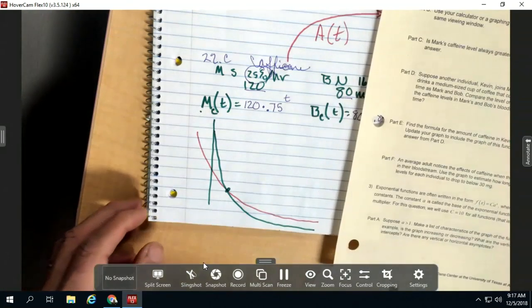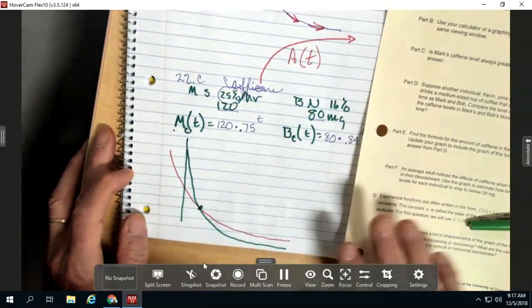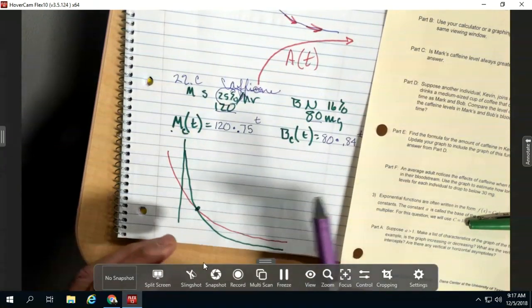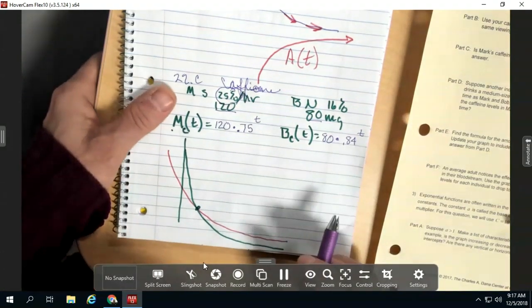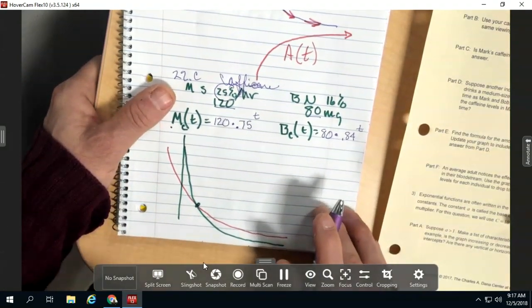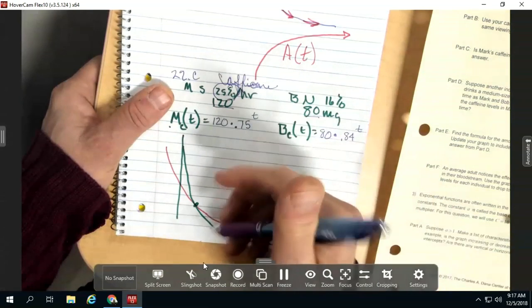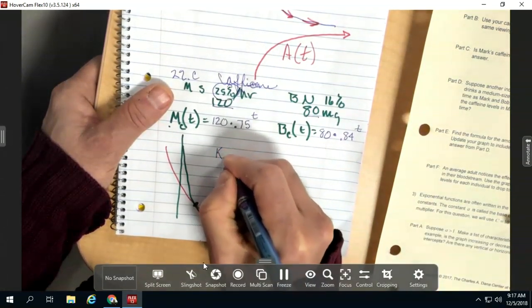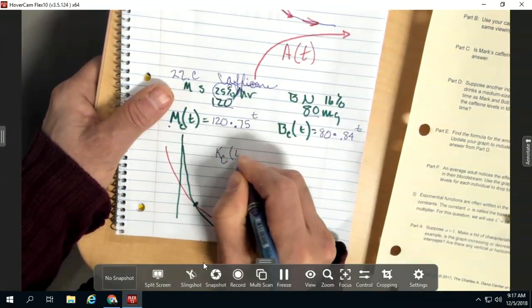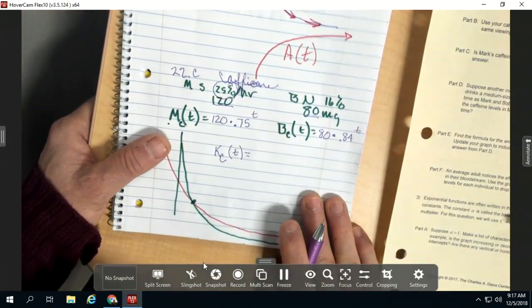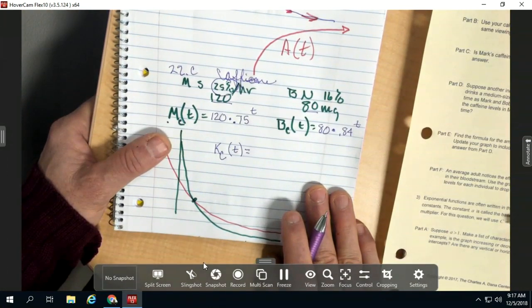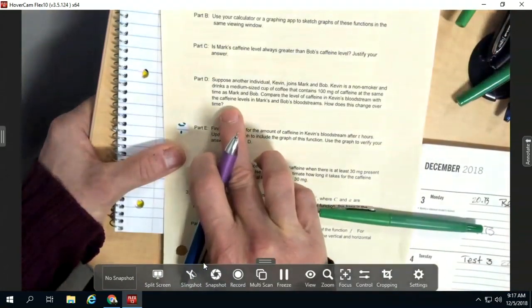D, suppose Kevin, a non-smoker, joins them, and he has 100 milligrams of caffeine at the same time. So K sub C of T is... Wait, what point? Page 306, right here in the middle.